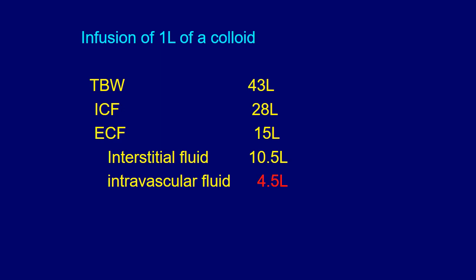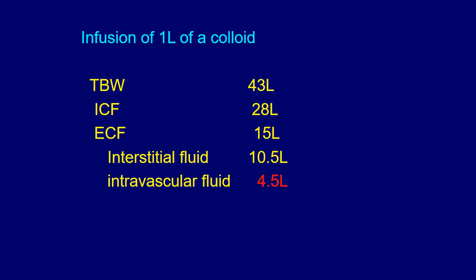Now let's see what will happen if you infuse a liter of a colloid. Let's say you have infused a liter of dextran or hydroxyethyl starch. So we learned total body water was 42 liters, hence it will become 43 liters. Colloid solutions are going to stay in the intravascular compartment without easily entering the interstitial compartment, and not at all the intracellular compartment. Therefore, intracellular fluid volume would not change and it will remain 28 liters.